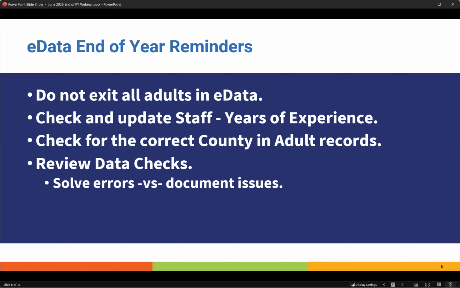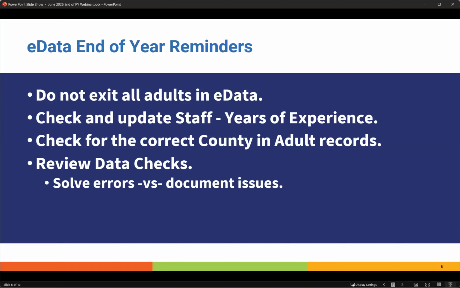If someone is on that list, it would be appropriate to add an exit date for them, because should they come back, they've been gone long enough that they would need a new period of participation anyways. So for many students that are still with your program, even if they're telling you right now they're not going to continue into next year, you would not necessarily want to add an exit date for them because they may change their mind and come back next year.